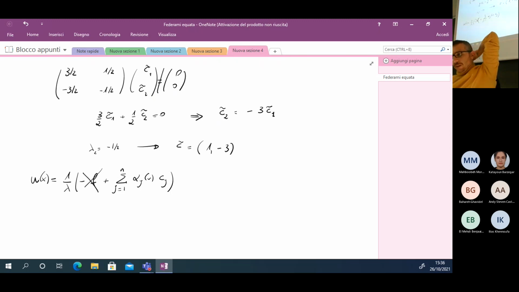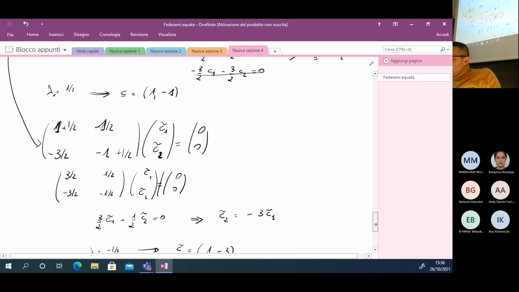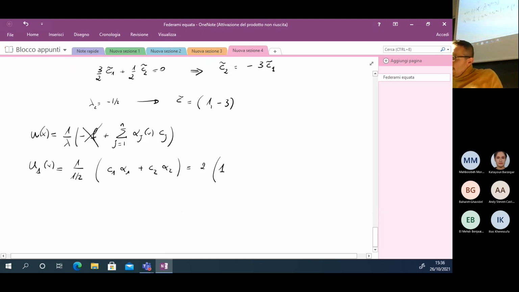Then what will I have? What are the kind of solutions that I can find? The first solution, u1 of x, is the one corresponding to lambda 1. So this would be 1 over lambda 1, which is 1/2, times C1 alpha 1 plus C2 alpha 2. So this is 1 over 1/2, which is 2, that multiplies C1, which is 1, times alpha 1, which is 1.